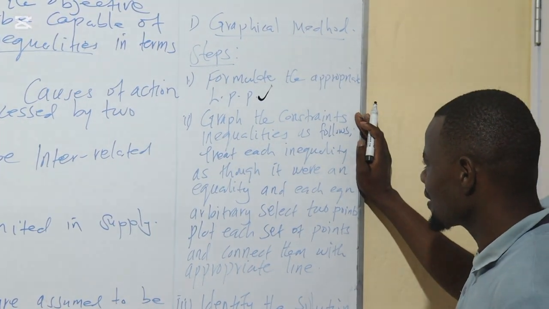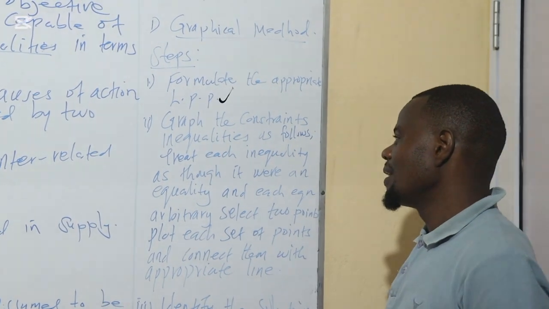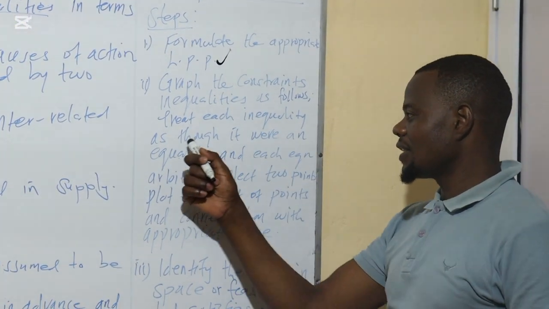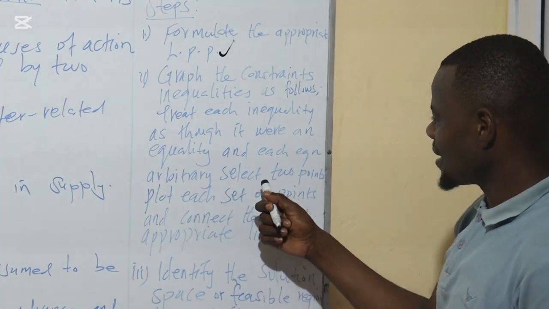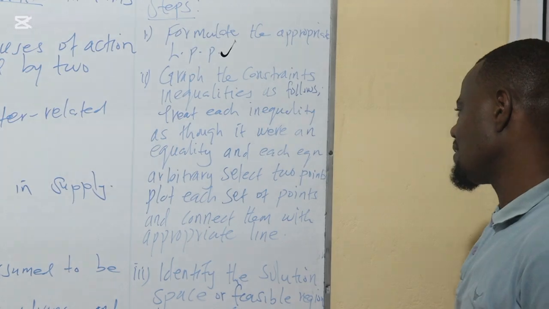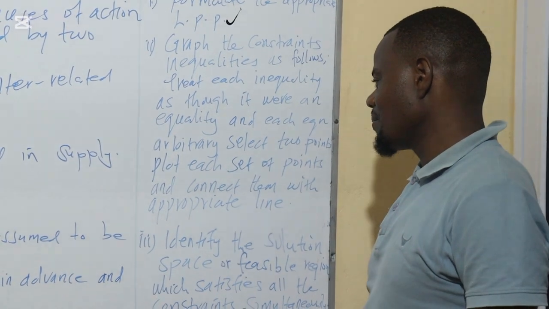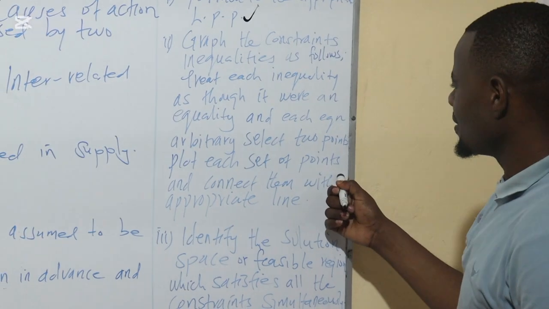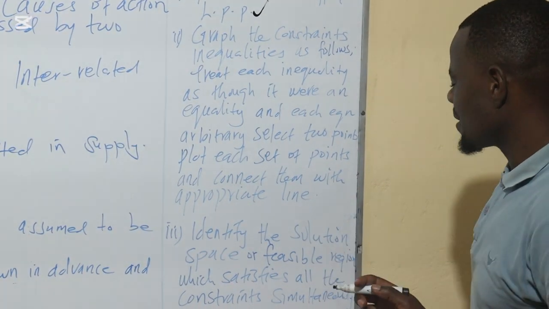Don't graph the objective function, but graph the constraint inequalities as follows. Treat each inequality as though it were an equality, and for each equation arbitrarily select two sets of points. I'll show you that when I take an example. Plot each set of points and connect them with the appropriate line.